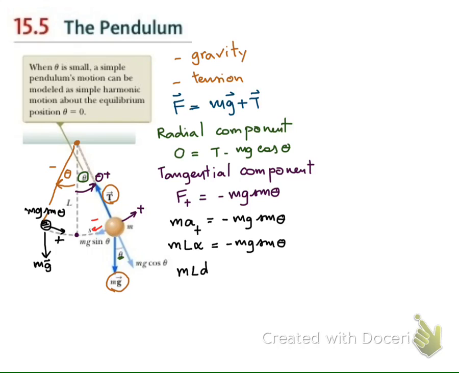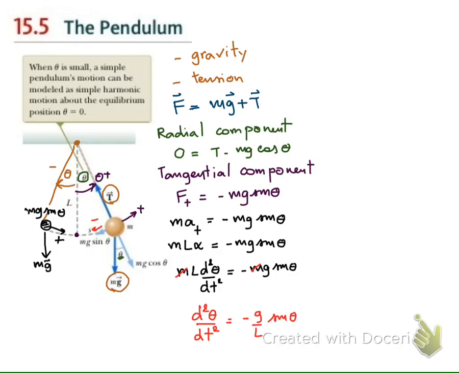m L d squared theta by dt squared is equal to minus mg sin theta, in which you can see that m is canceled, and we have that d squared theta by dt squared is equal to minus g over L sin theta.